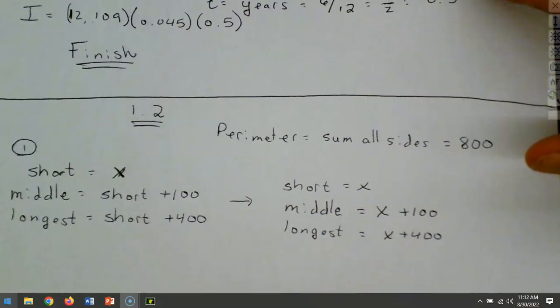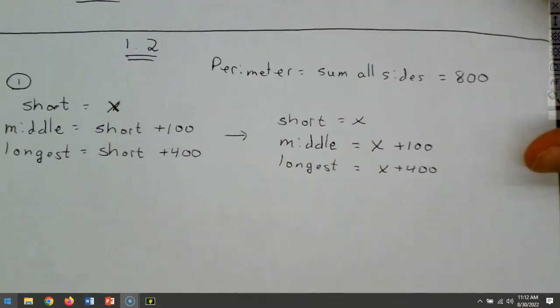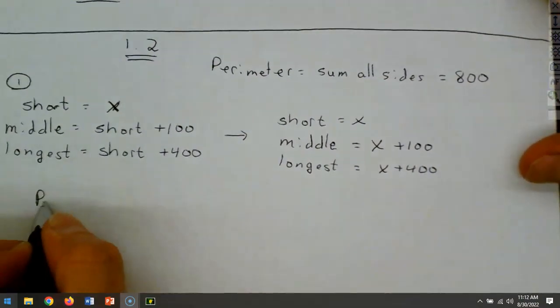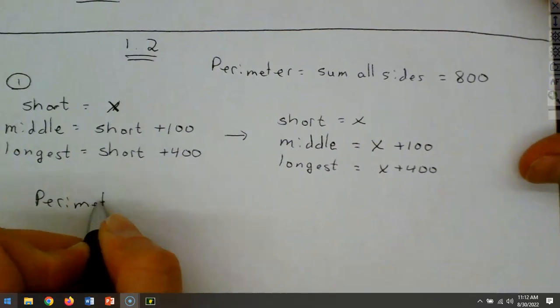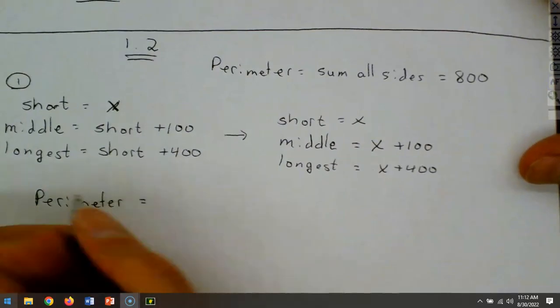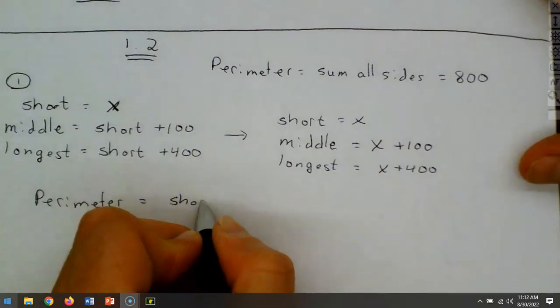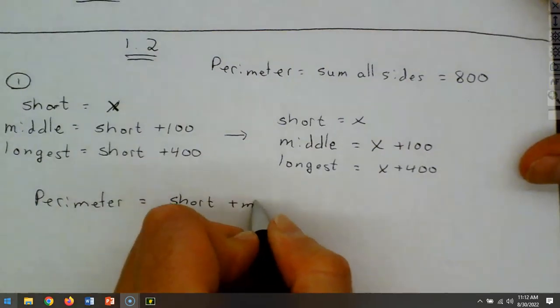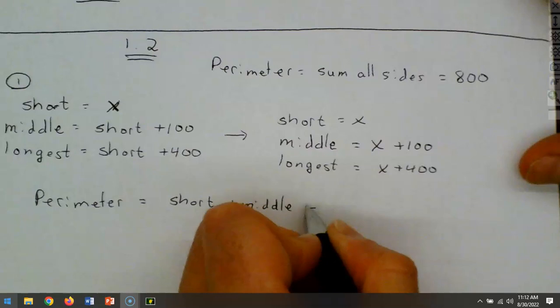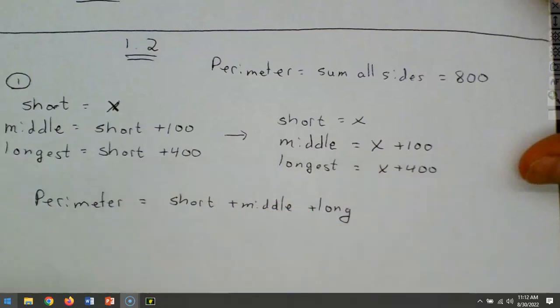Now, what do we know about the perimeter? Again, perimeter is the sum of all the sides. And that's going to be the short side plus the middle plus the longest. And let's rewrite this up, get our equation, and then I'll let you solve it.